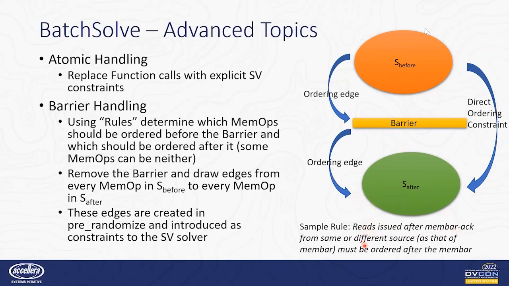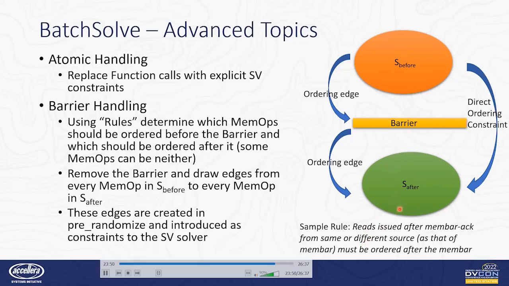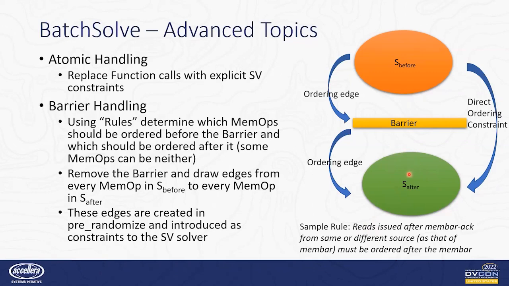So if you issue a barrier and the ack comes back, any read that is issued after that barrier ack from either the same or a different source as the barrier will need to be ordered after the barrier. So it will go in S after. Using similar rules, there will be memops which will go in S before. The idea is every element in S before needs to be ordered before every element in S after. So we can remove the barrier and draw direct edges.